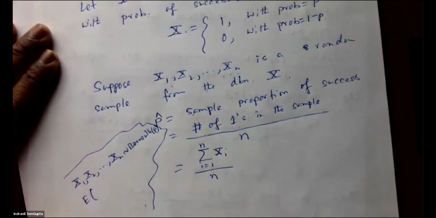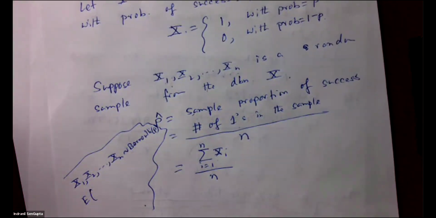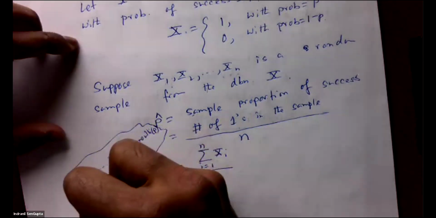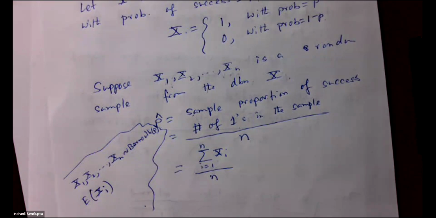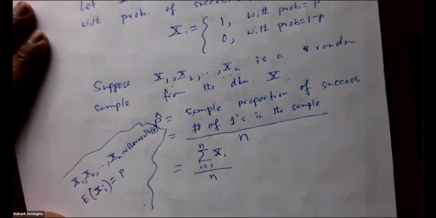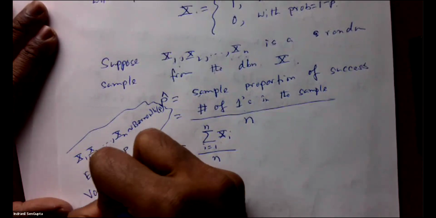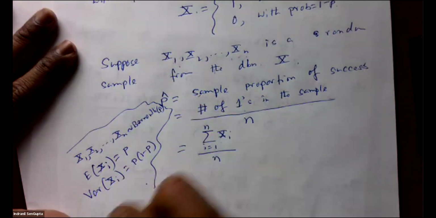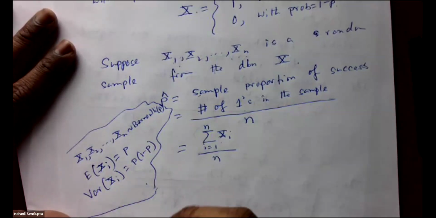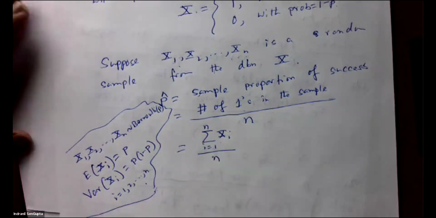What is the value of E of xi for every i? Well, it's got to be p. And what is the variance of xi? It is p times 1 minus p. You should have seen this in one of the previous courses. This is for i equals 1 to n.